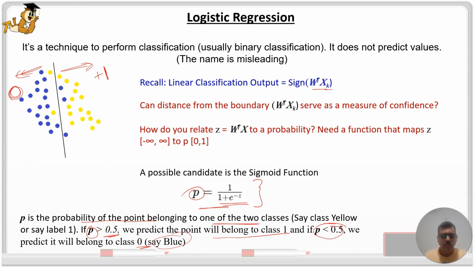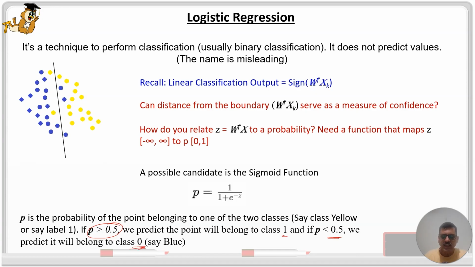So I'll repeat: P is the probability of the point belonging to the yellow class, which has the label 1. If P is greater than 0.5, we predict class 1, and if P is less than 0.5, we predict class 0.